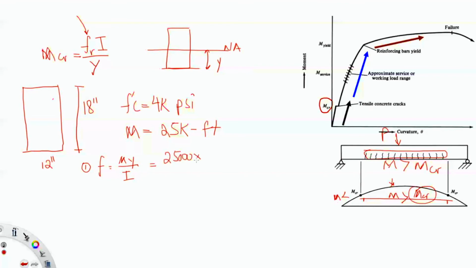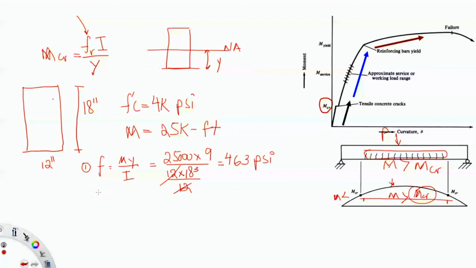So 25,000 multiplied by 18 over 2, divided by I. I is actually b times h cubed over 12. Anyway, if you do the math, it's equal to 463 psi.